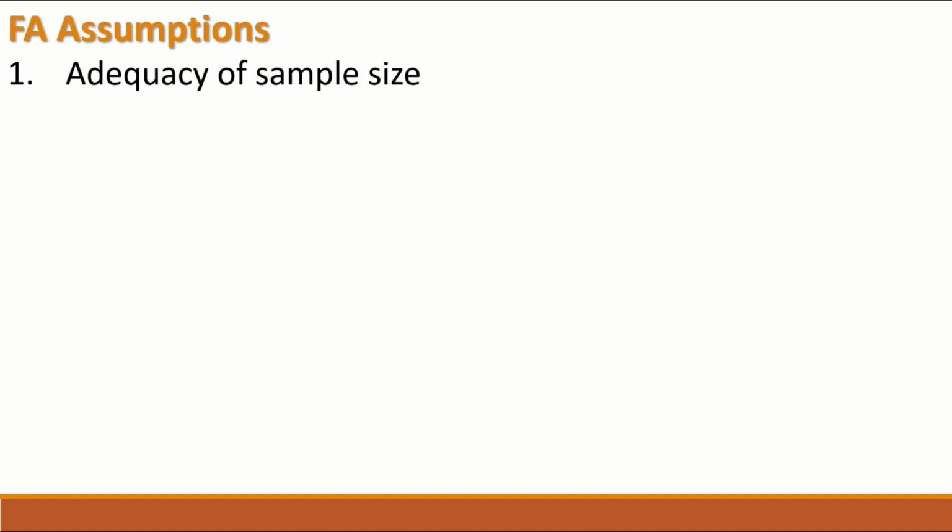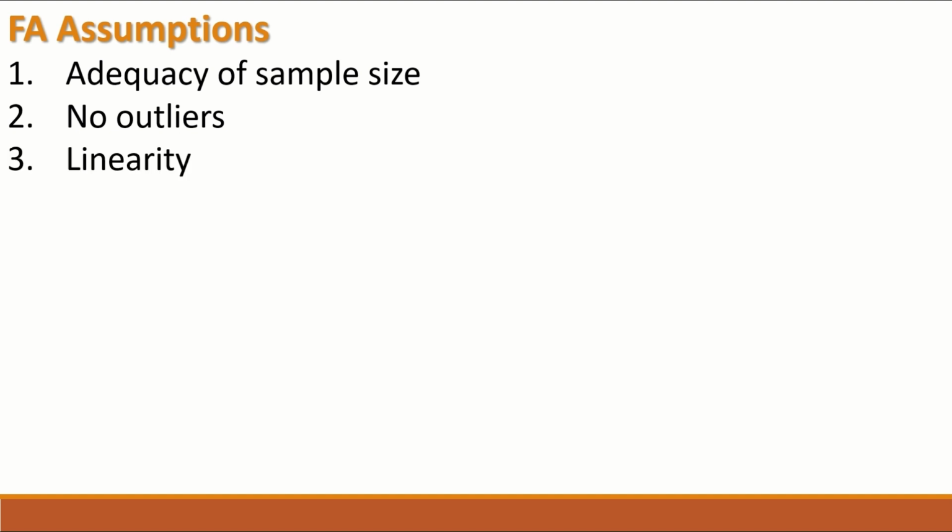The rule of thumb is that for each item there should be 10 participants or more. The second assumption is that there should be no outliers, no extreme values.